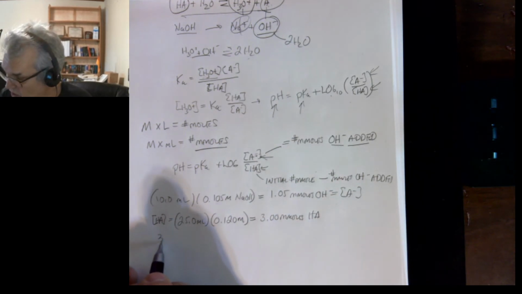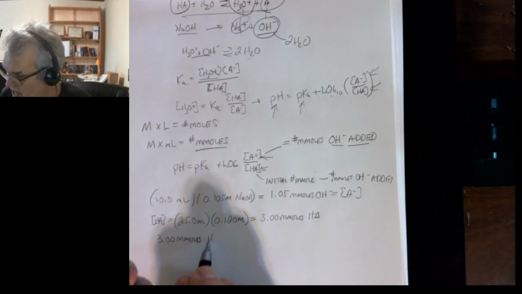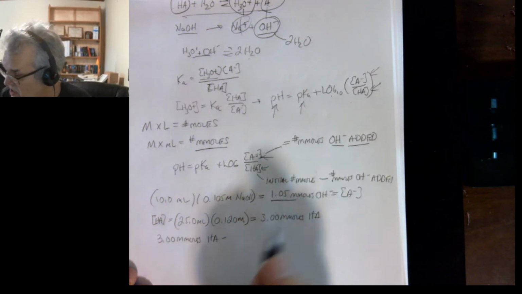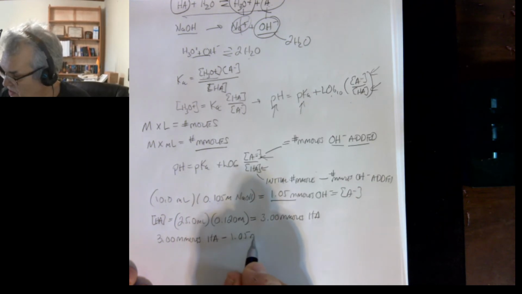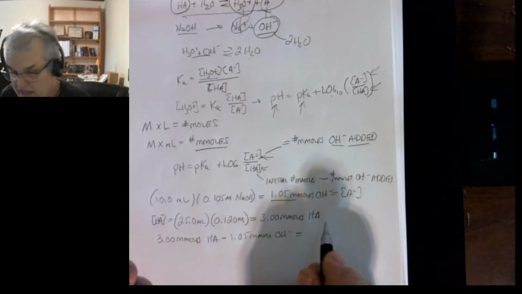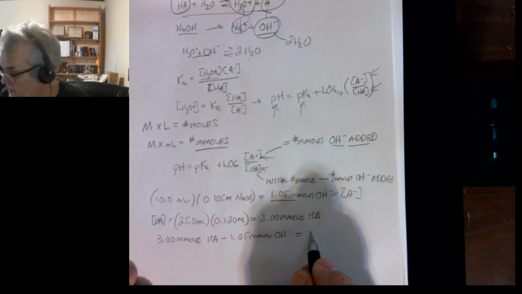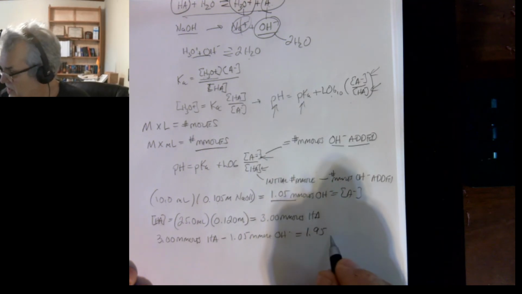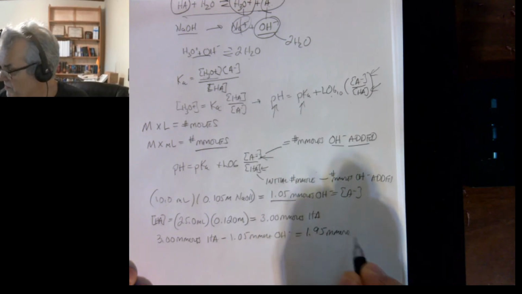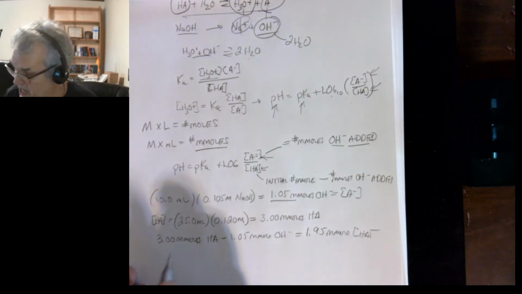Remaining, we have our 3.00 millimoles of HA minus our 1.05 millimoles of OH minus added, which gives us 1.95 millimoles of HA.